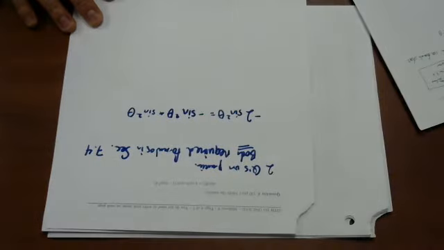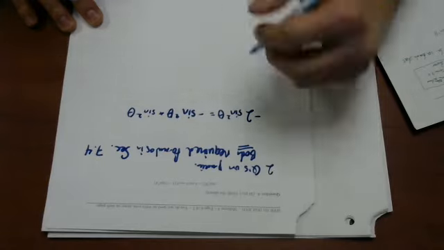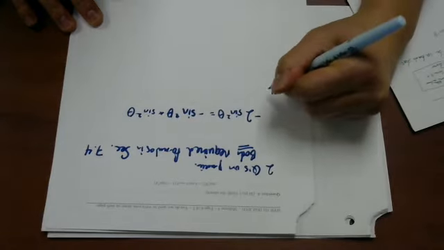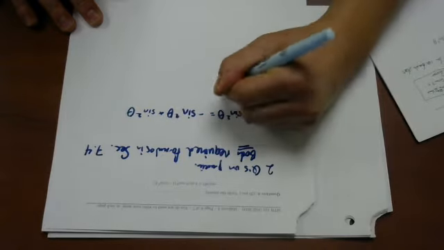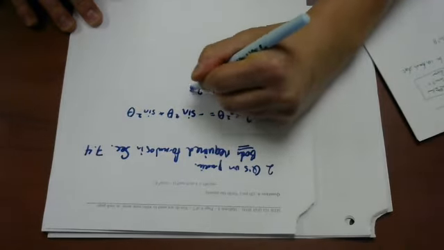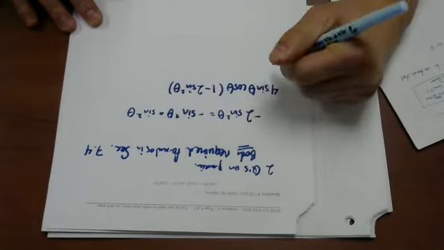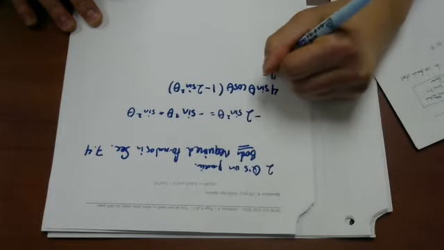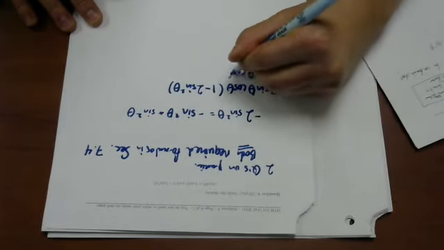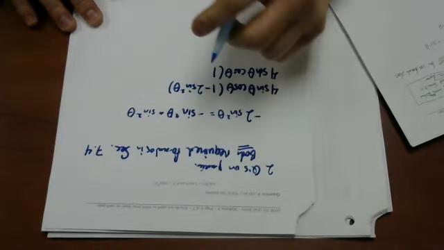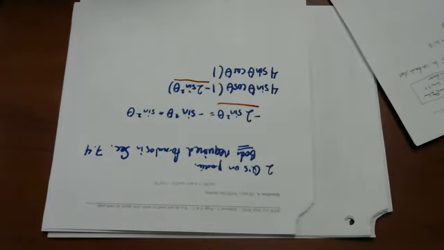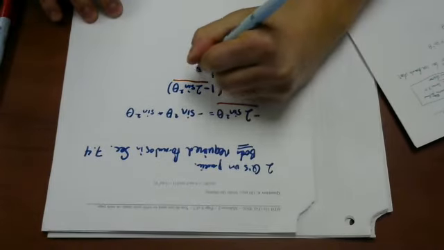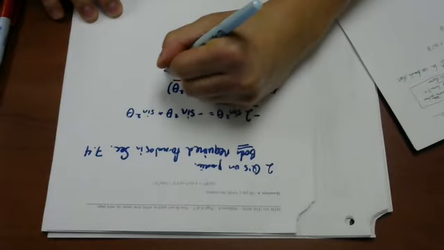What people did was take the right side, 4 sine theta cosine theta times 1 minus 2 sine squared theta, and rewrite it as 4 sine theta cosine theta times 1, and then the minus 2 sine squared theta was replaced with minus sine squared theta plus sine squared theta.